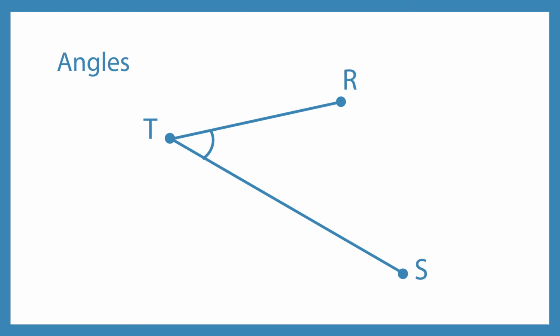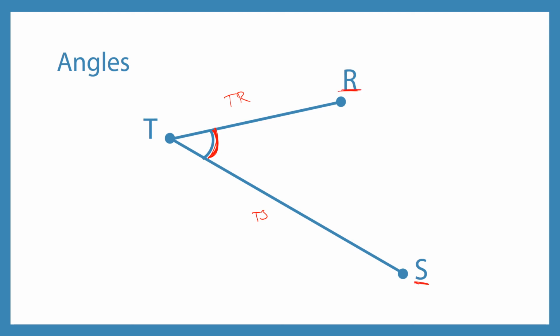Angles just tell us about the shape of when 2 intervals or lines cross. So you can see that the line TR crosses TS with this shape in between them. And that would have a certain amount of degrees that we'd measure it in. The way that we would write this angle is we would choose one of the outer points.